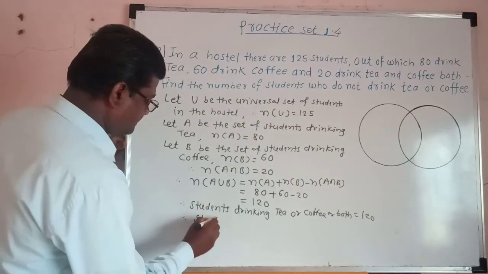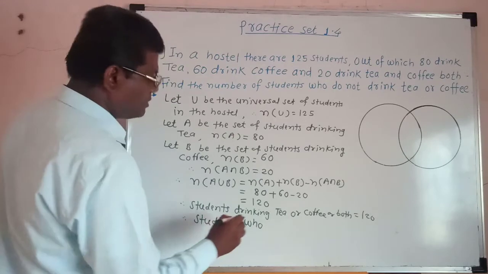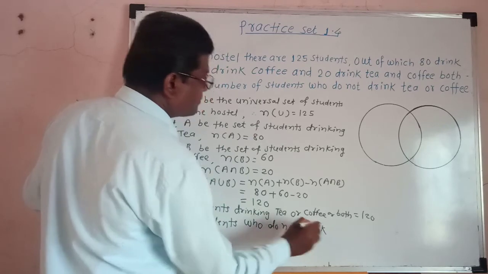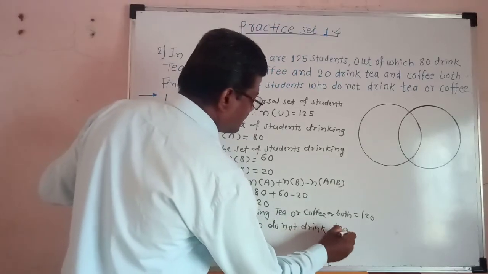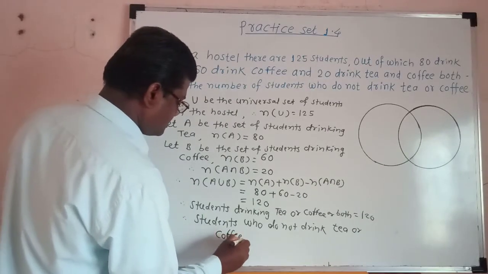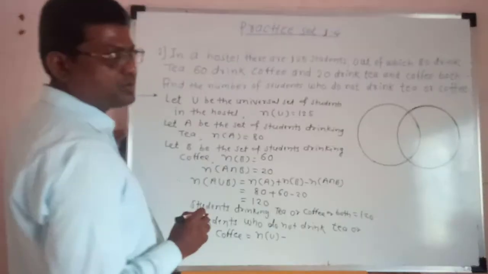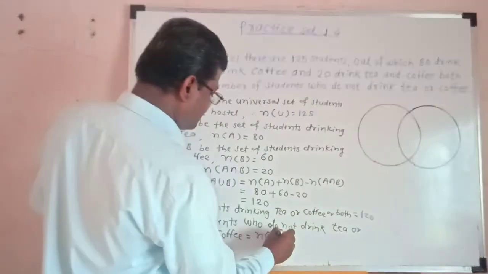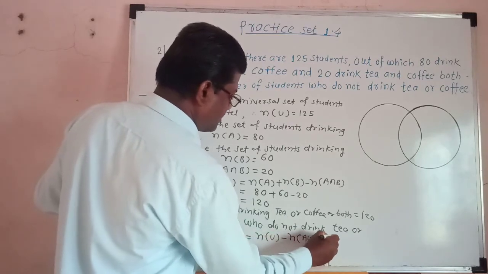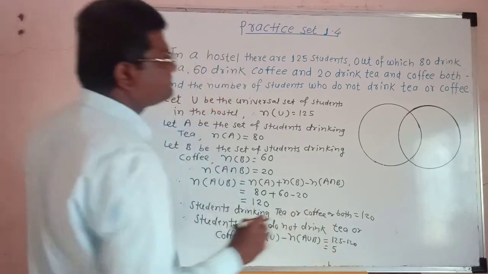Therefore, students who do not drink tea or coffee is equal to n of U, that is total number of students in the hostel, minus n of A union B, is equal to 125 minus 120, is equal to 5.